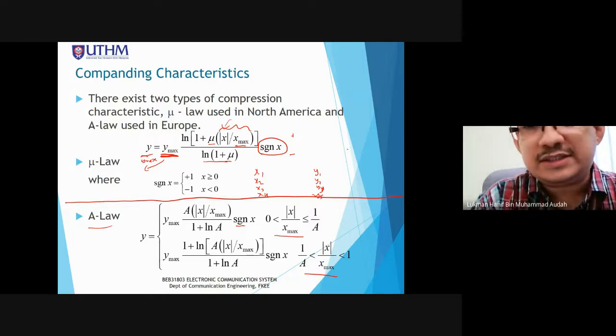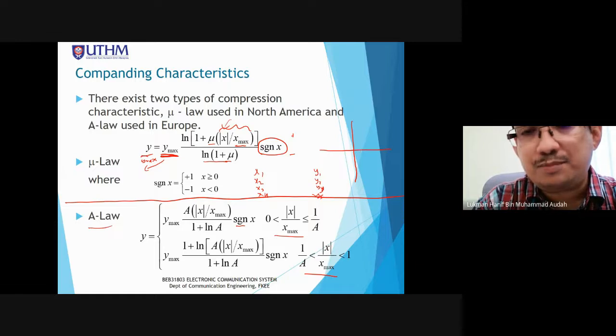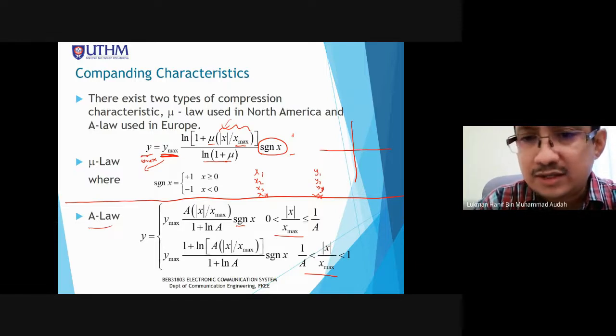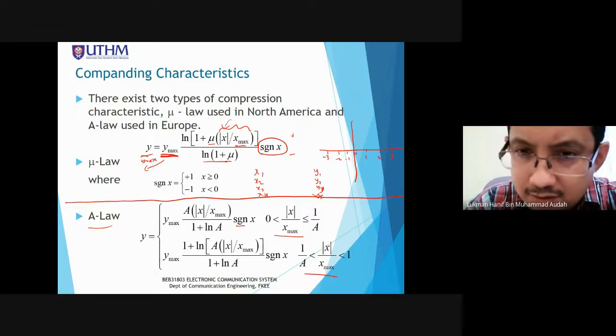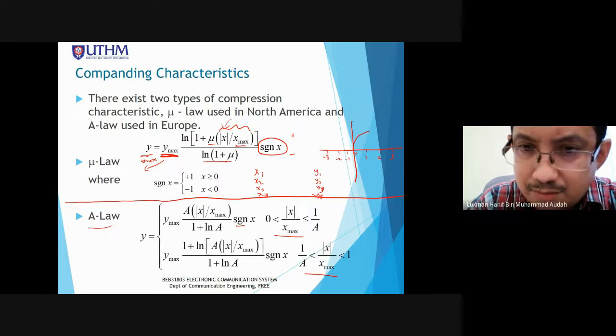Yang saya ingat, ini yang saya lukis. Lukisan output adalah lebih kurang seperti ini. X diberikan contohnya daripada -3, -2, -1, 0, 1, 2, 3. Gambarnya lebih kurang seperti ini.